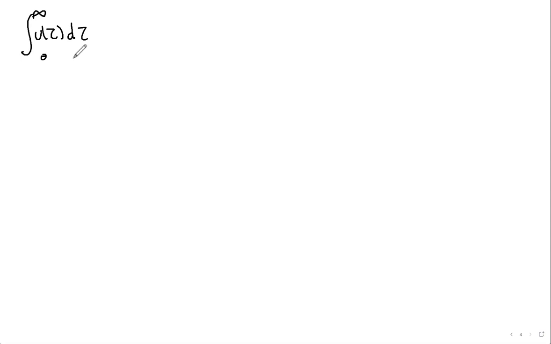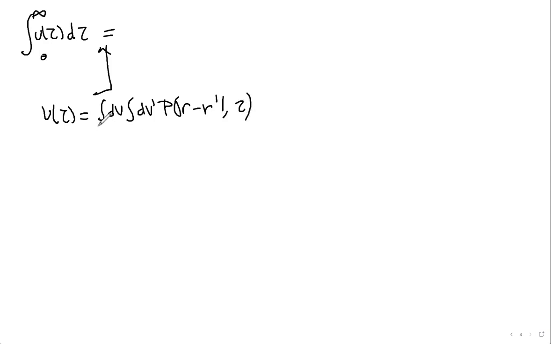And now I said, okay, U tau was the integral dv prime over the volume of p of the absolute value of R minus R prime at tau divided by 4/3 pi a cubed.